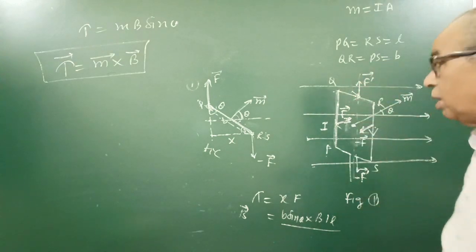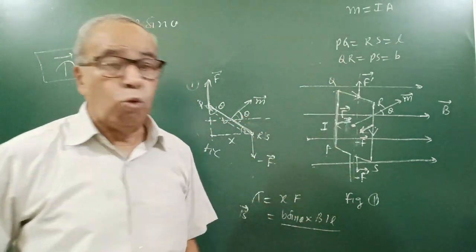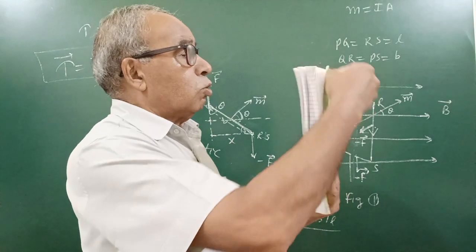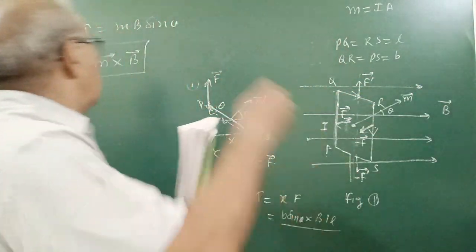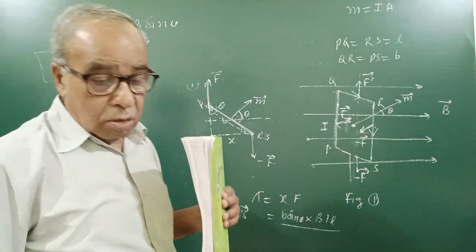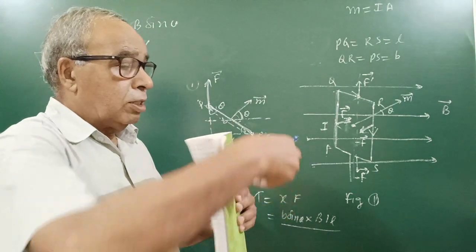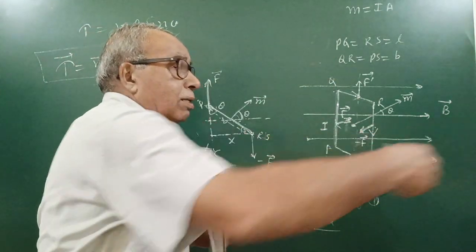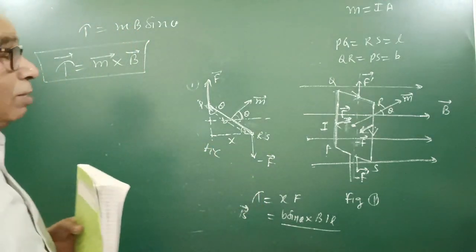So torque will be along the axis which is lying in the plane of the loop. Here it is this, no? So the direction of torque will be at right angle to M and B. Are you getting my point? The plane from them will be a horizontal plane, so the torque will be at right angle to M and B both.